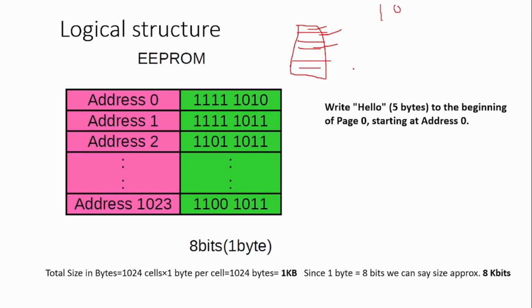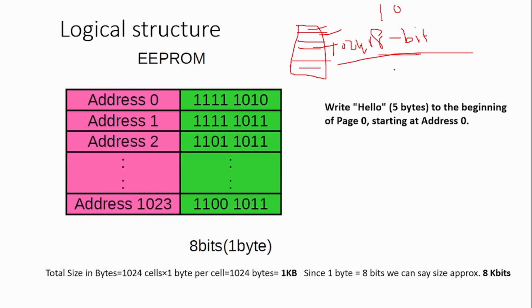Now if the row size is 8 bits, it means you can write only 8 bits in a particular row, not more than that. You can write less, but in that case the size will be unutilized. So for each row you can write a maximum of 8 bits, and you have a paper with 1024 rows, so in total you can write 1024 times 8 bits on this paper.